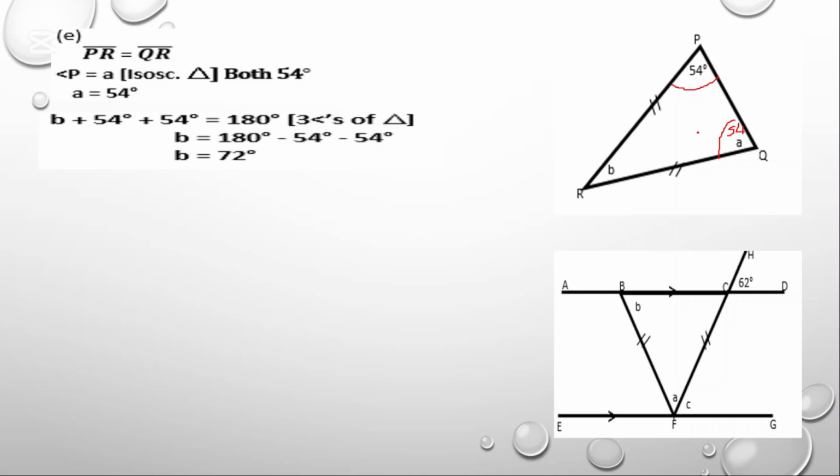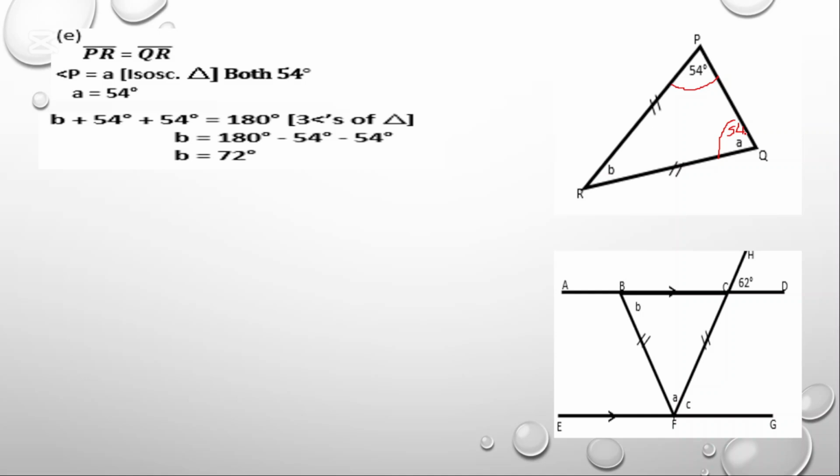Right. Now to find B, we know 3 angles of a triangle add up to 180. We deduct the 54 and the other 54 from 180 to get to B. So, next step, B plus 54 plus 54 is equal to 180.